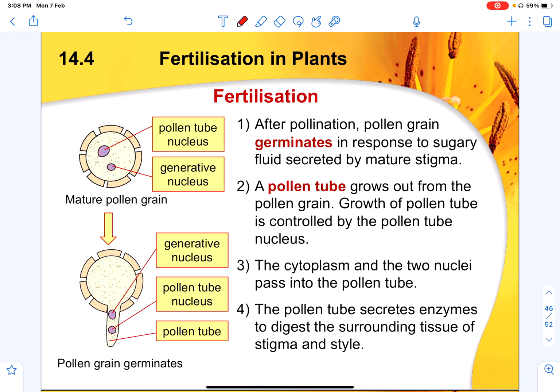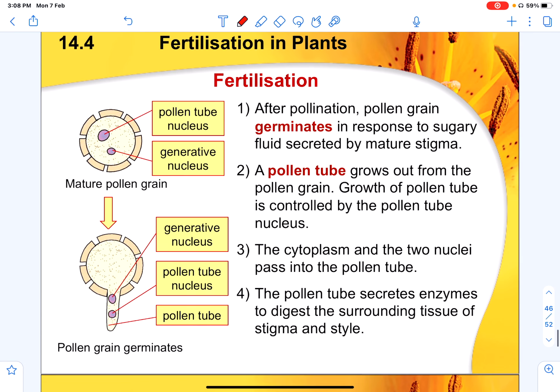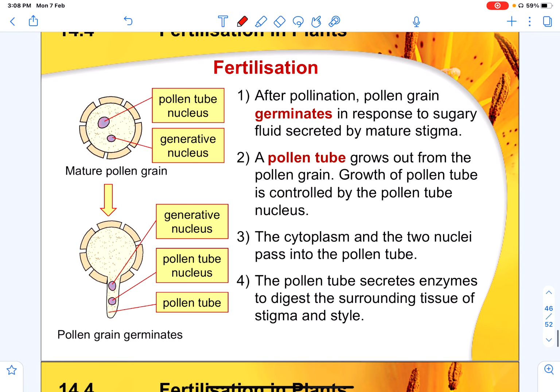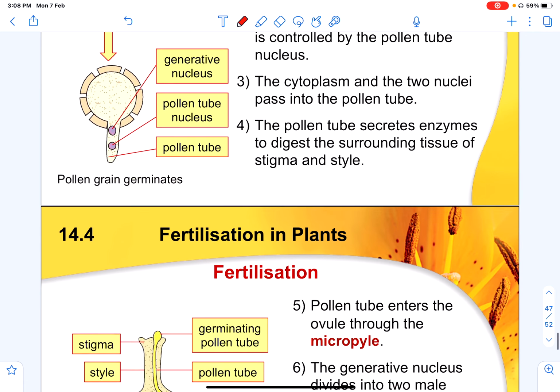The pollen tube grows through the style of the stigma and goes downwards to the ovary. The cytoplasm and two nuclei will pass into the pollen tube, and the pollen tube will secrete enzymes to digest the surrounding tissue of the stigma and style.